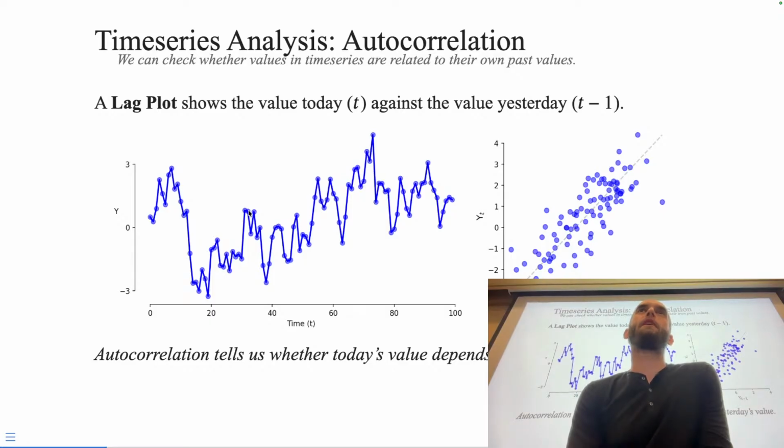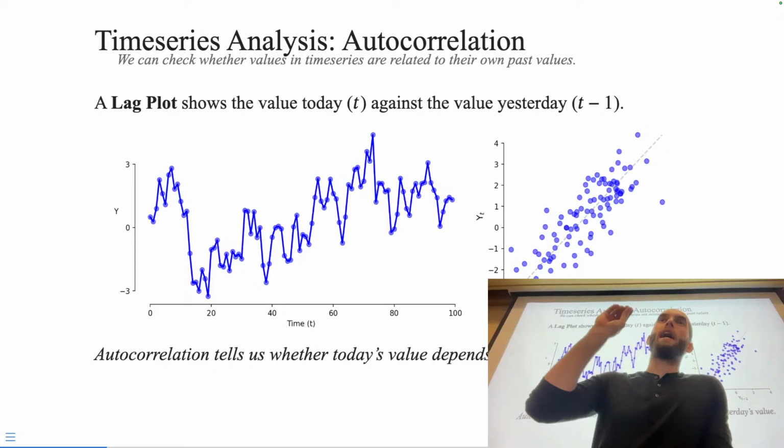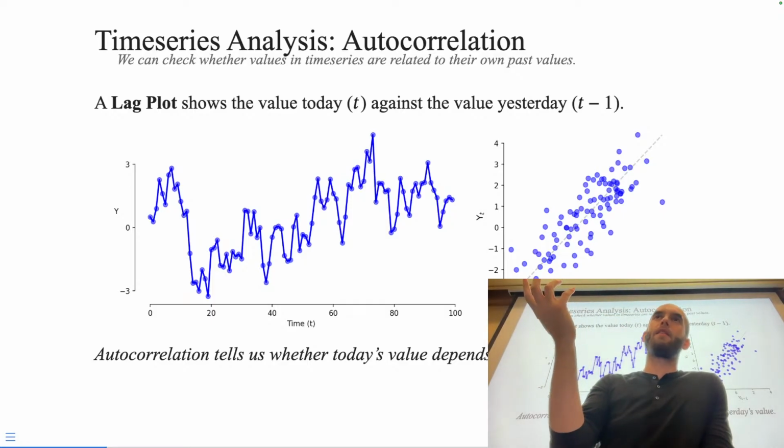Any questions about this figure? So one point against the one that comes before it. And what you can see is exactly what I mentioned on the previous slide: this is a picture of autocorrelation. I have a measure and what I've measured in the previous period, and those values are correlated. The weather today, as nice as it is, is highly correlated with the weather that came before it.